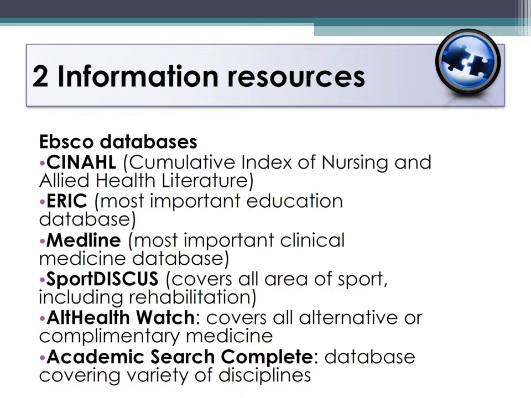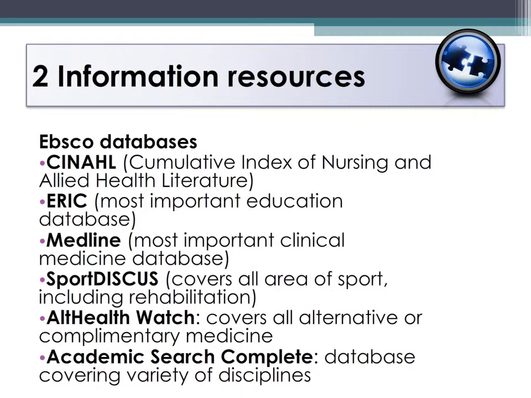First is CINAHL, which stands for the Cumulative Index of Nursing and Allied Health Literature. This includes health education, physical therapy, occupational therapy, and more. Next is ERIC. This is the most important education database and covers K through college. Medline is the most important clinical medicine database and is estimated to have about 50% of the clinical literature.